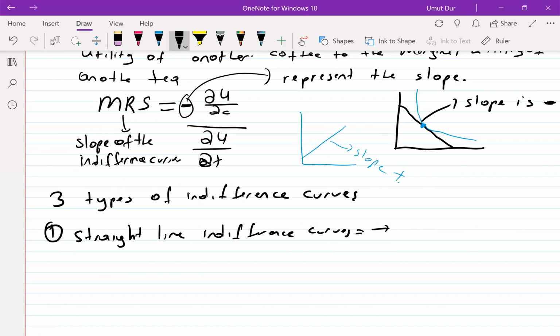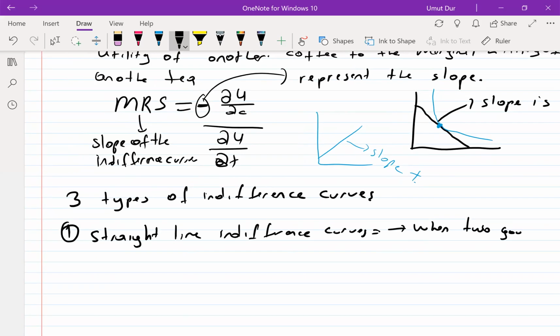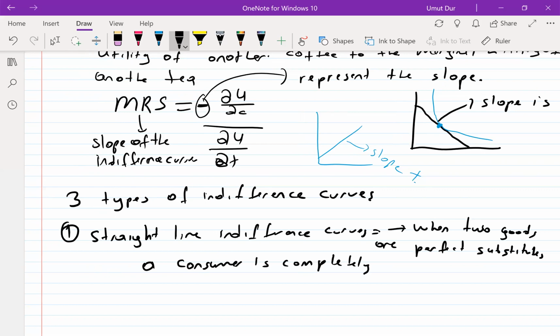This is the case when two goods are perfect substitutes, which means that a consumer is completely indifferent as to which to consume.